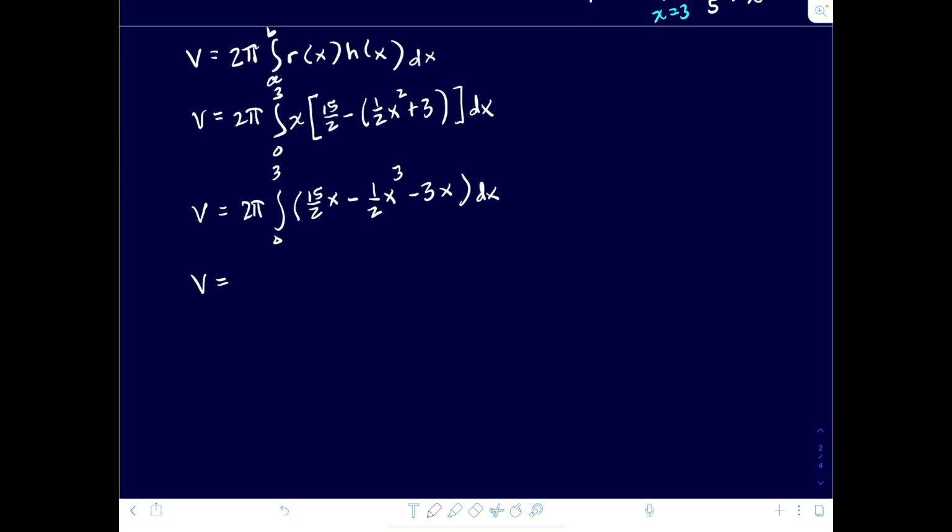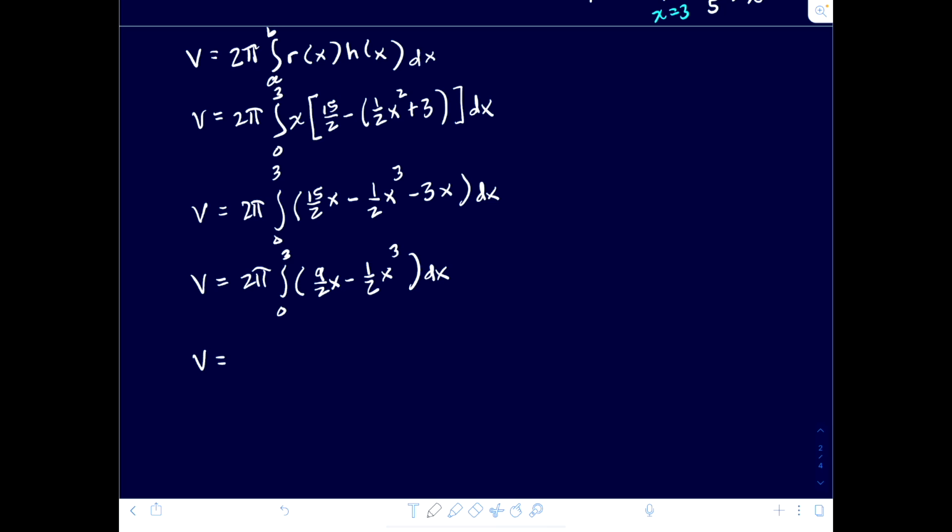Simplifying, we'd get 2 pi times the integral from 0 to 3 of 15/2 x minus 6/2 x, which would be 9/2 x, minus 1/2 x cubed dx.